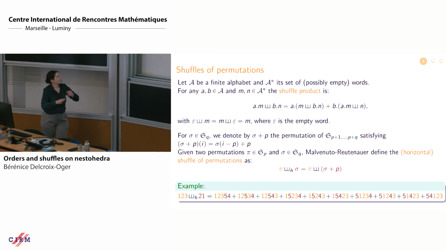So now there is another structure on permutations, which is a Hopf algebra structure. Let us first define the product on permutations.